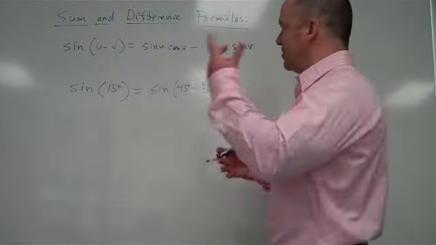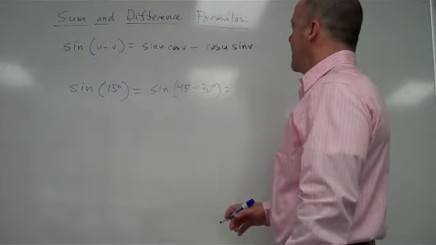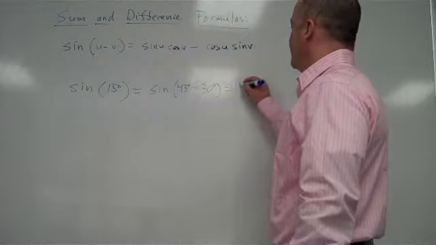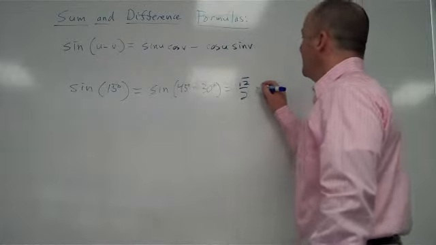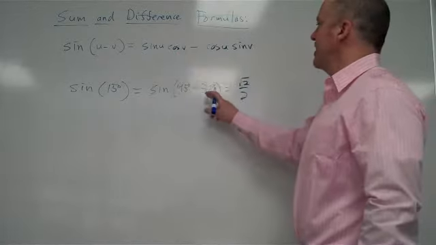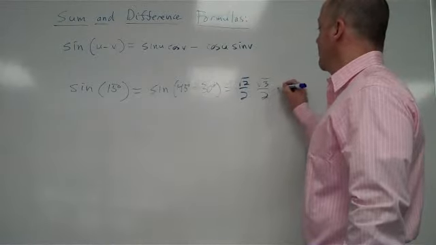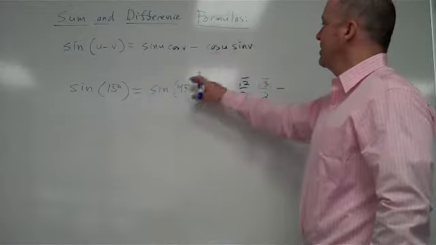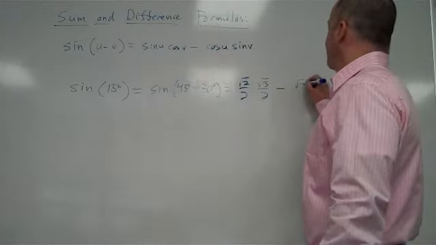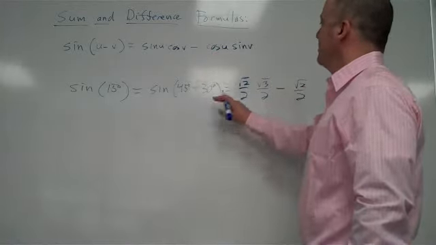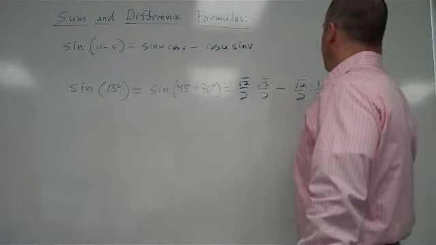So the sine of 45 is root 2 over 2 times the cosine of 30, which is root 3 over 2, minus the cosine of 45, square root of 2 over 2, times the sine of 30, 1/2.